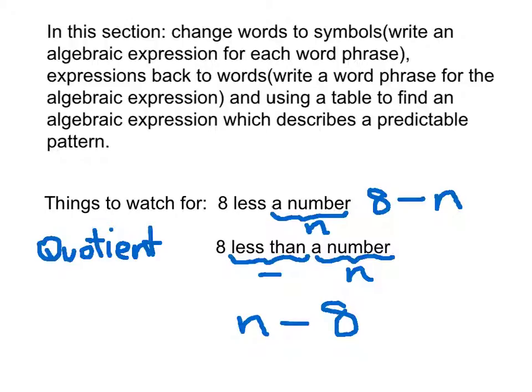So for example, if I say the quotient of a number and 8, then the quotient of would be the division symbol. So the quotient of a number and 8 would be n over 8. Don't use the division sign in algebra. Use a horizontal division bar. I don't like these diagonal ones, they can be very confusing.